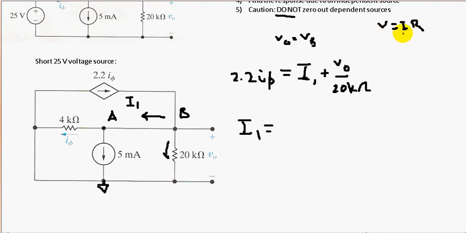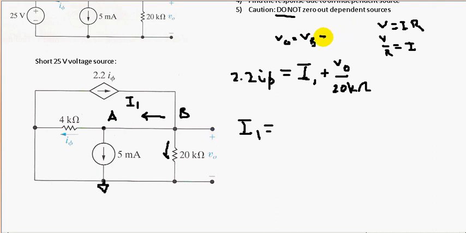To find the current, we divide both sides by R, so voltage over resistance is the current. This voltage is VA, which is the same voltage as VB, and VB is equal to VO.